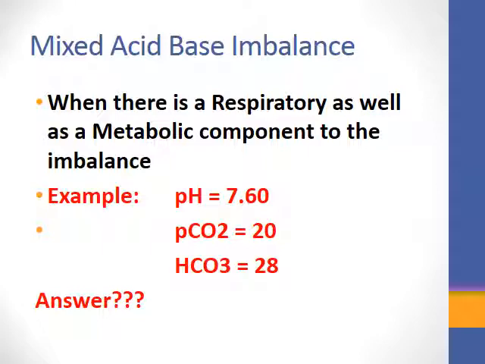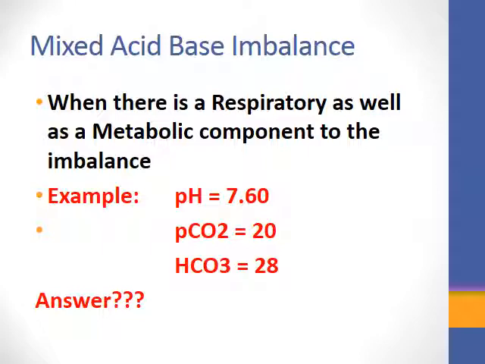Okay, so this slide says mixed acid-base imbalance, when there is a respiratory as well as a metabolic component to the imbalance. Do these exist? Yes, they do exist. You can look at this and see that your pH is 7.60, so it is elevated and it would be base. Your PCO2 is 20, and that is decreased, and it is a base.